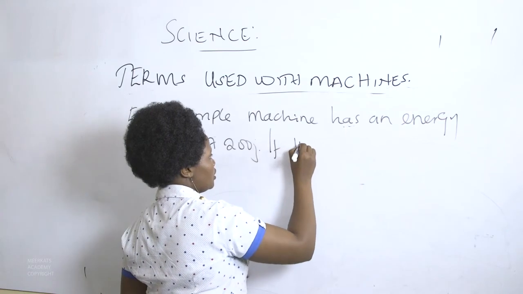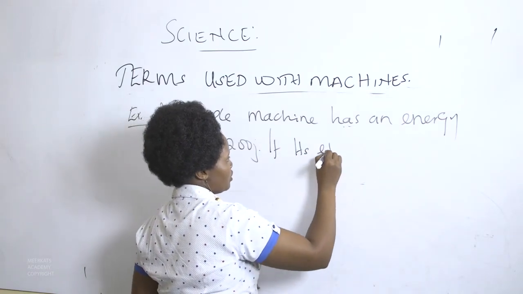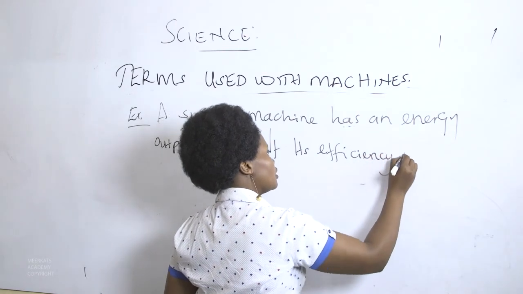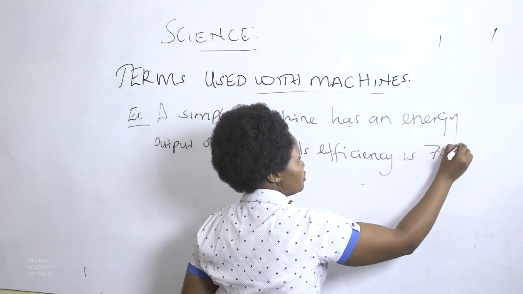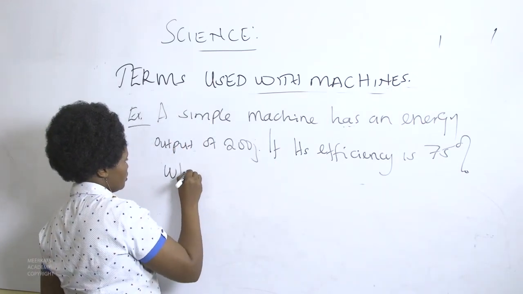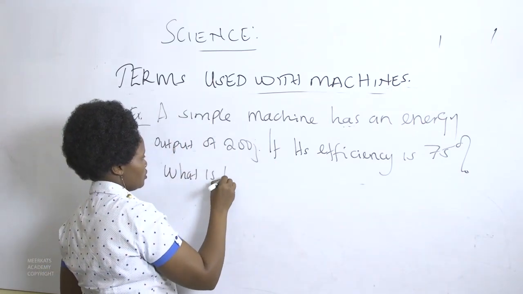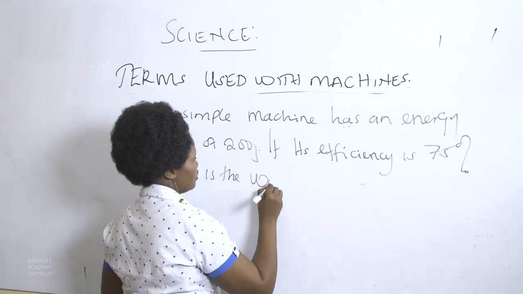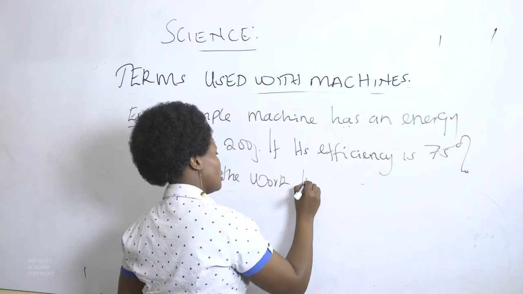If its efficiency is 75%, what is the work input?